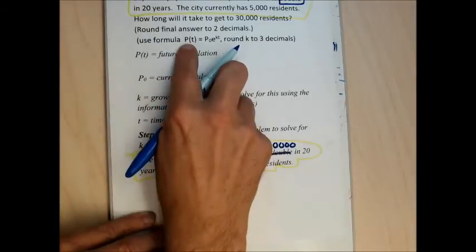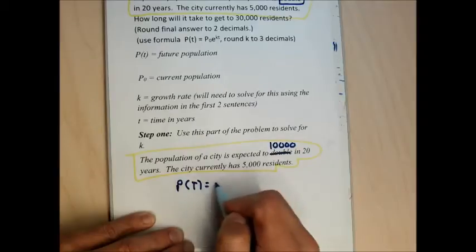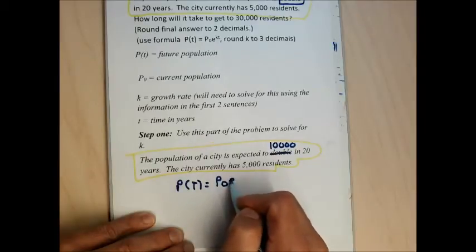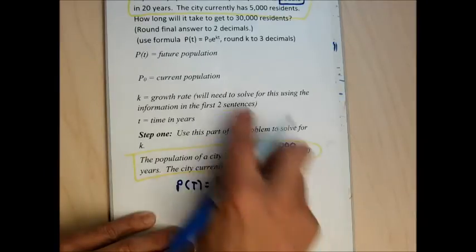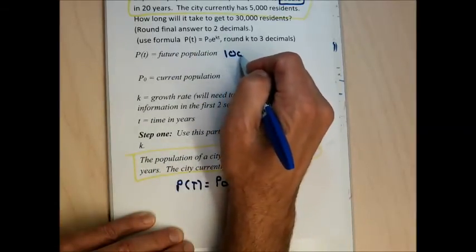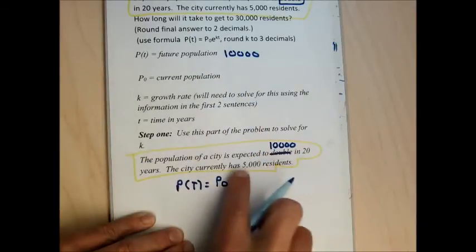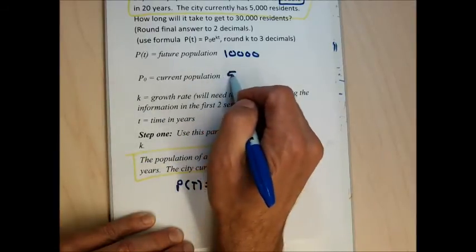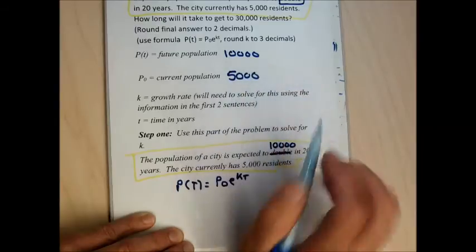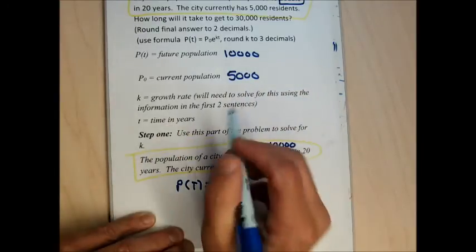So into this formula, the formula P of t equals P sub 0 times e to the kt. The P of t, the left-hand side, is the future population. I'm going to put 10,000 in for it. The P sub 0 is the current population, which is going to be 5,000. I'm solving for the k, and the t is the number of years, which is 20.